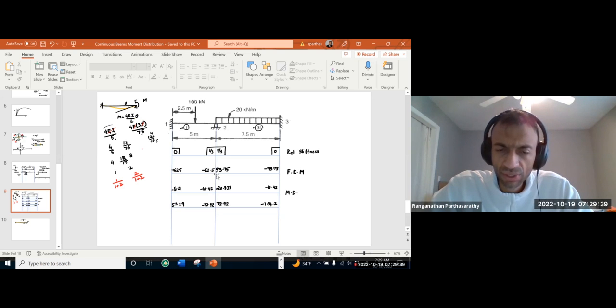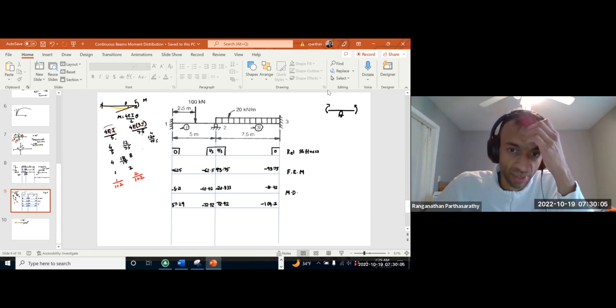Now at every joint, if the answer is already right, that means we should not have any unbalanced moment at a continuous support, because by moment equilibrium, whatever moment is on this side should be equal and opposite to the moment on the other side.